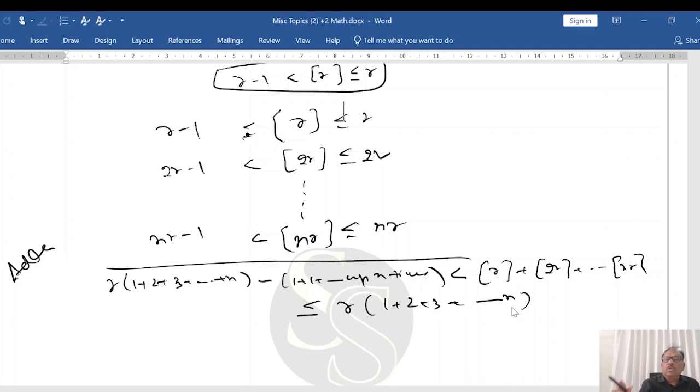Right? We know the formula S1 equal to 1 plus 2 plus 3 up to n, sum of n natural numbers, n into n plus 1 by 2.